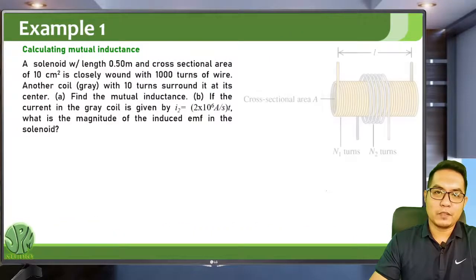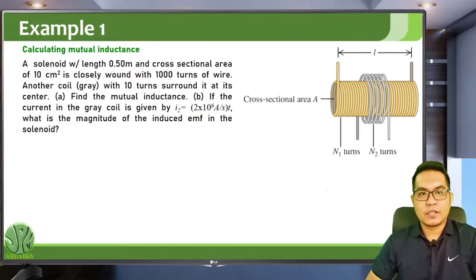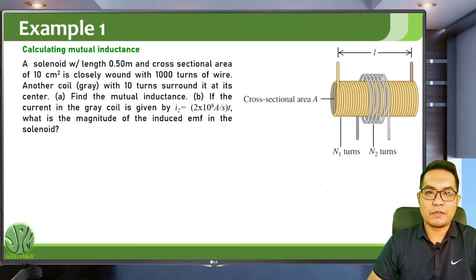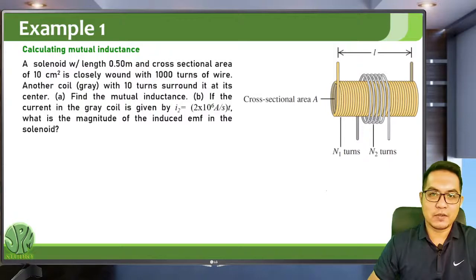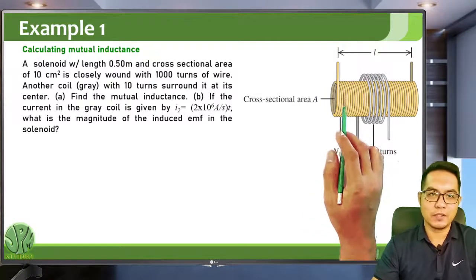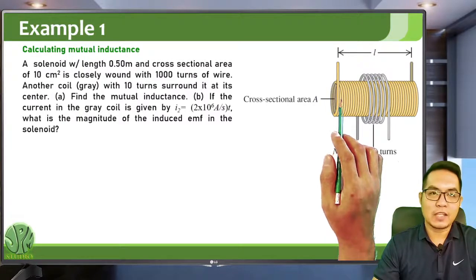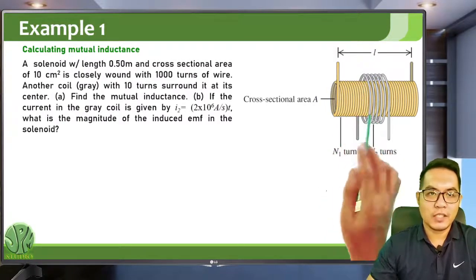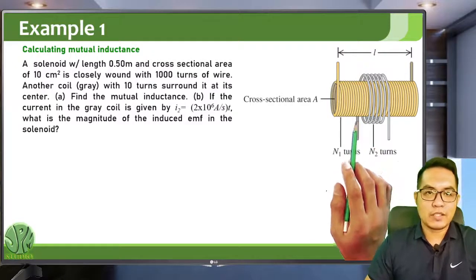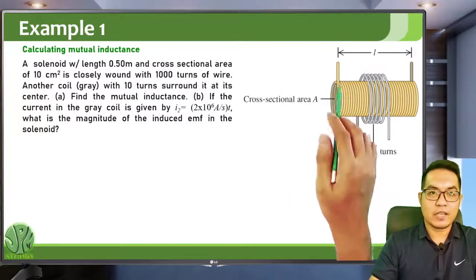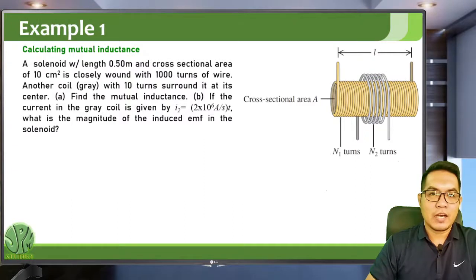So let's have an example. A solenoid with length 0.50 meters and a cross-sectional area of 10 centimeters squared, the yellow solenoid, is closely wound with 1,000 turns of wire. Another coil, a gray coil, with 10 turns, surrounds the yellow solenoid with the same axis, at its center.